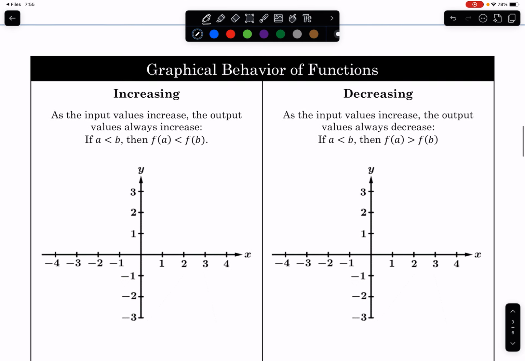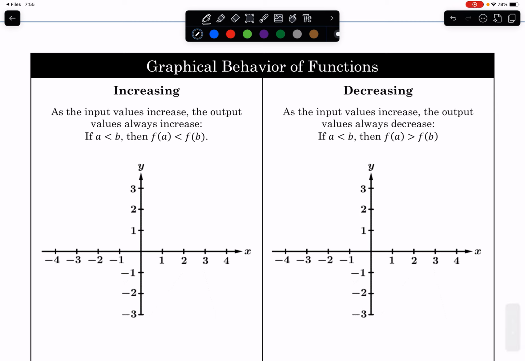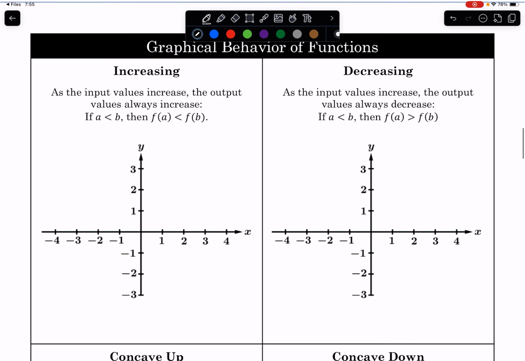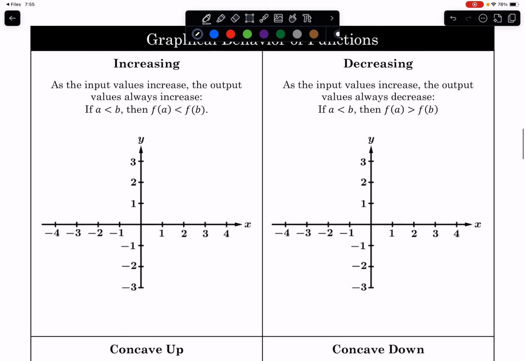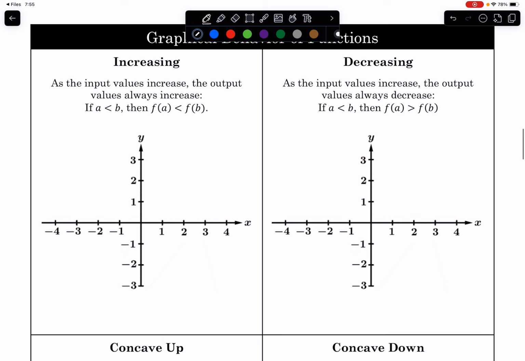A function is considered to be increasing if, as the input values increase, the output values always increase. So if I have any values a and b in the domain of a function, where a is less than b, then f of a will always be less than f of b.